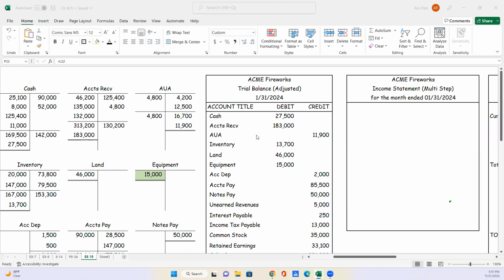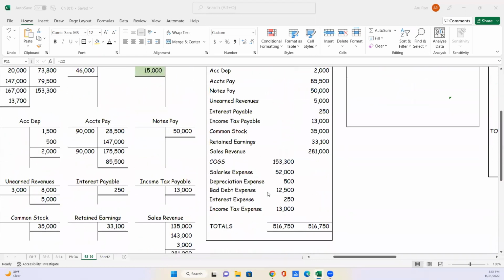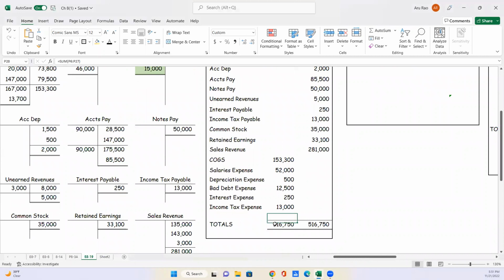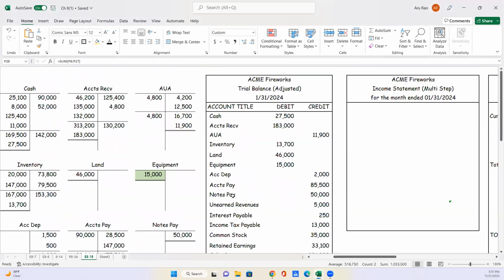Now I'm preparing my trial balance. This is the adjusted trial balance because it includes the adjusting entries. Make sure that your total debits and total credits are correct. If they're not correct, somewhere you made a mistake and you need to backtrack.